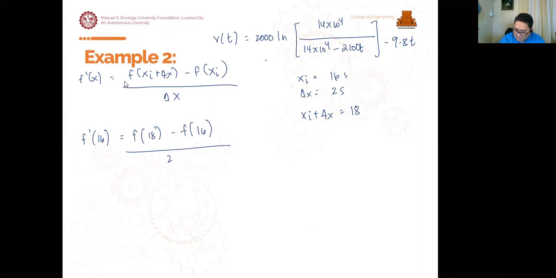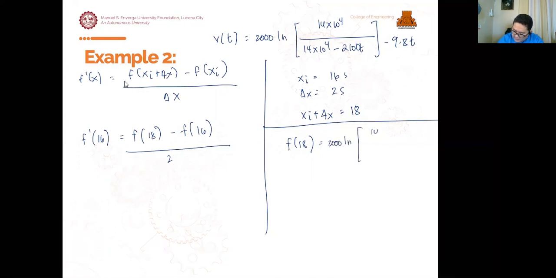So we only need to get the value of f of 18, meaning we substitute 18 into our velocity formula. Okay? So, 2,000 ln of 14 times 10 to the fourth over 14 times 10 to the fourth minus 2,100 times 18 minus 9.8 times 18.